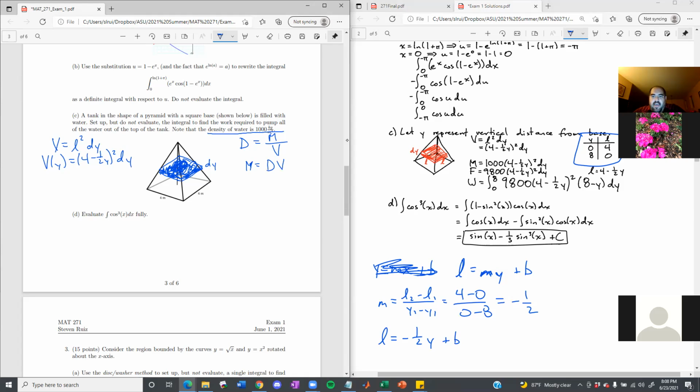So if you realize that, then it's really easy to get from volume to mass. I just take my volume function and multiply it by 1,000. So then I get 1,000 times (4 minus 1/2 y) squared dy.